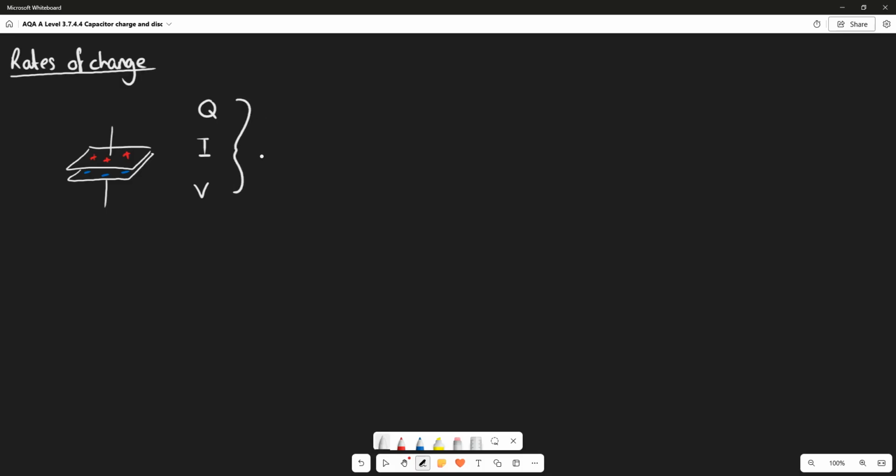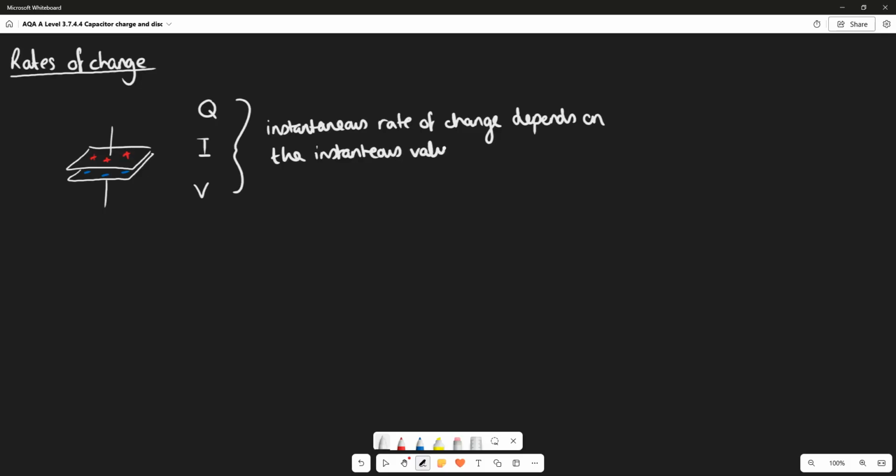We can say for these 3 variables that the instantaneous rate of change, that is, the rate of change at any moment in time, depends on the instantaneous values of these variables.